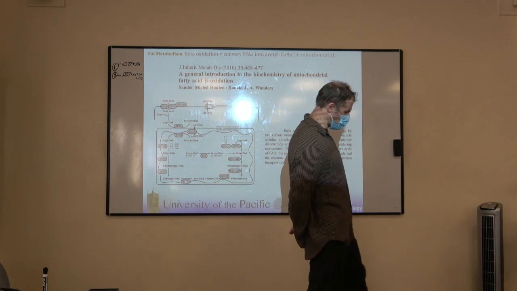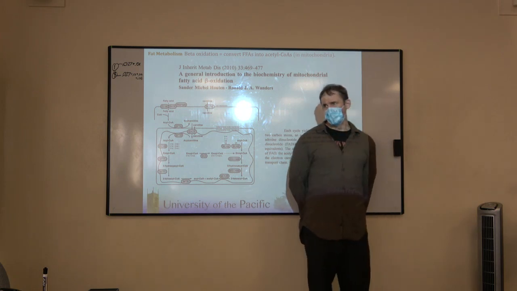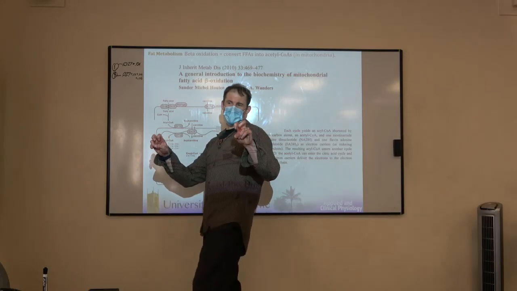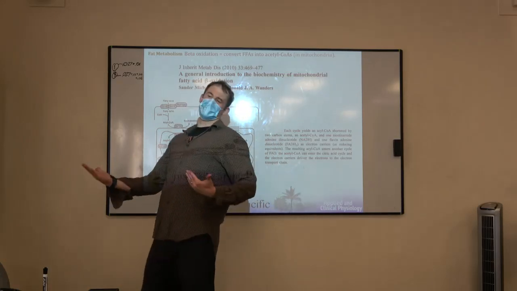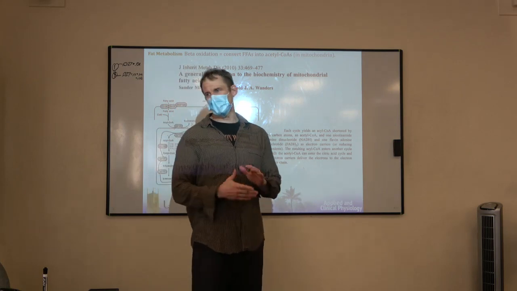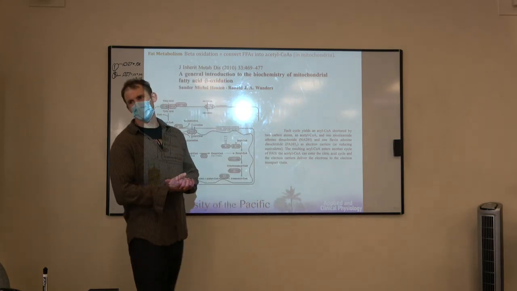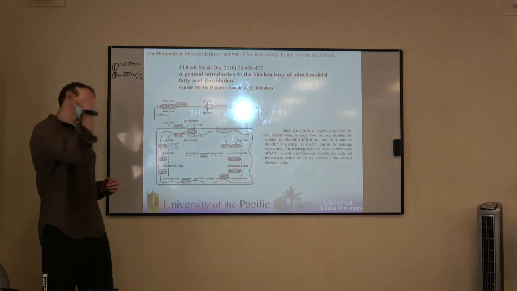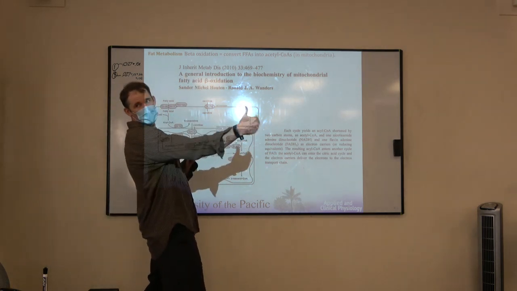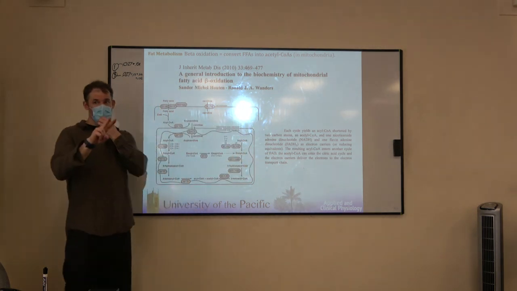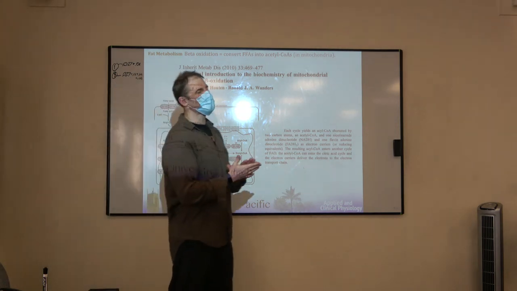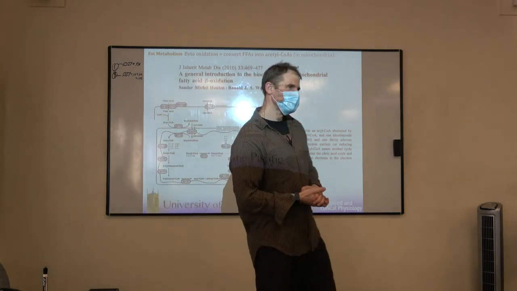The electron transport chain does not include ATP synthase. That's oxidative phosphorylation, which includes everything. But the electron transport chain is just those 4 complexes. ATP synthase is included in oxidative phosphorylation, but that's the step after the electron transport chain. Electron transport chain is complex 1, 2, 3, and 4. Complex 4 is cytochrome C oxidase. That's the thing cyanide inhibits.